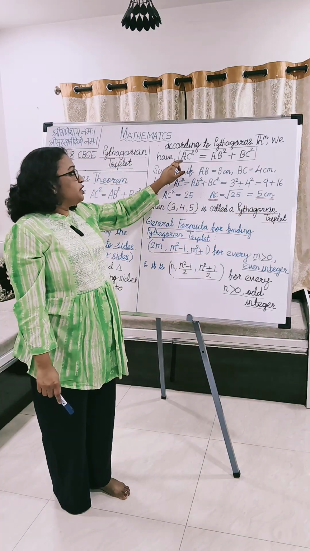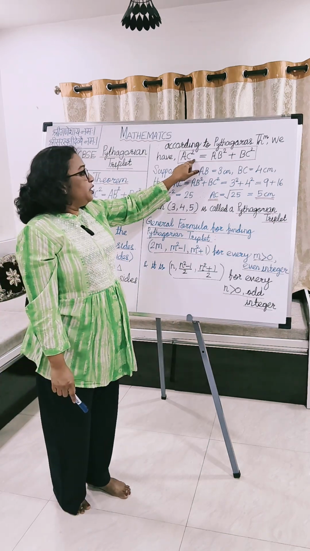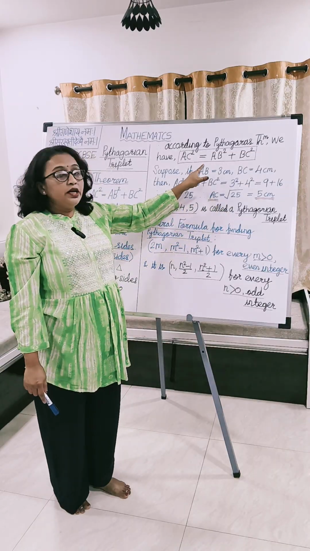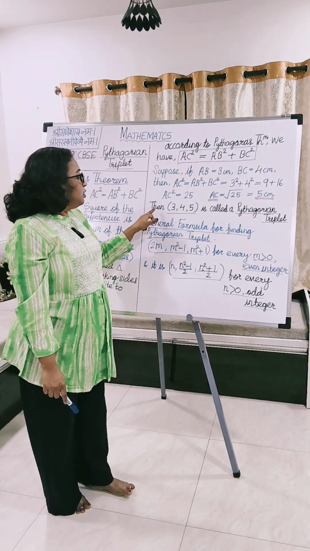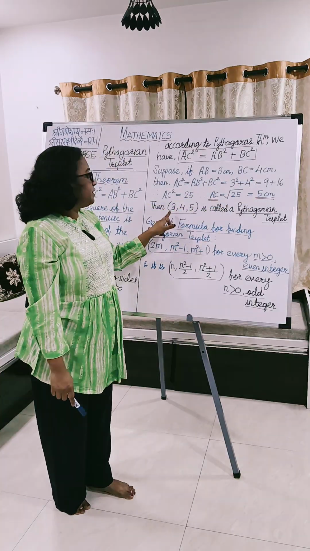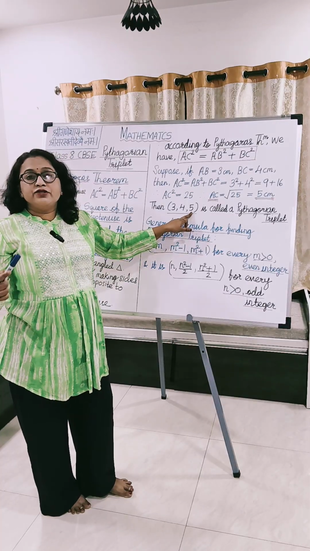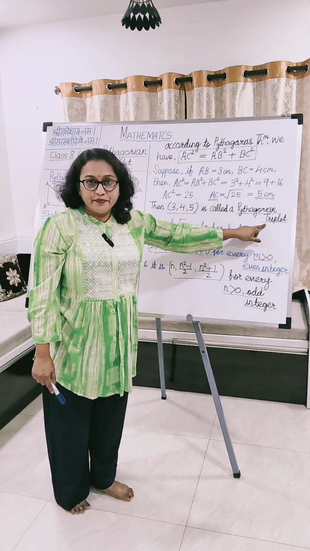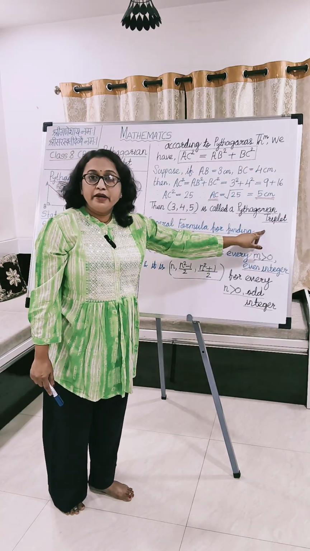So by using the statement of Pythagoras theorem, we found out the length of the third side when the lengths of the other two sides are given. In this case, 3, 4, 5, which are the lengths of all three sides of a right angle triangle, is called a Pythagorean triplet. 3, 4, 5 is called a Pythagorean triplet.